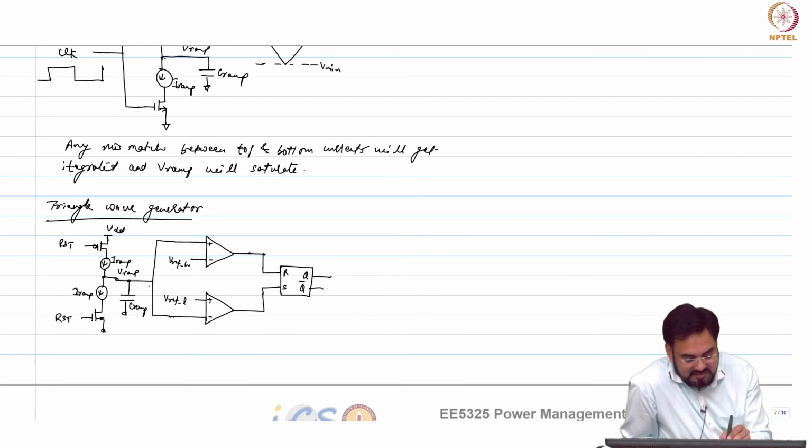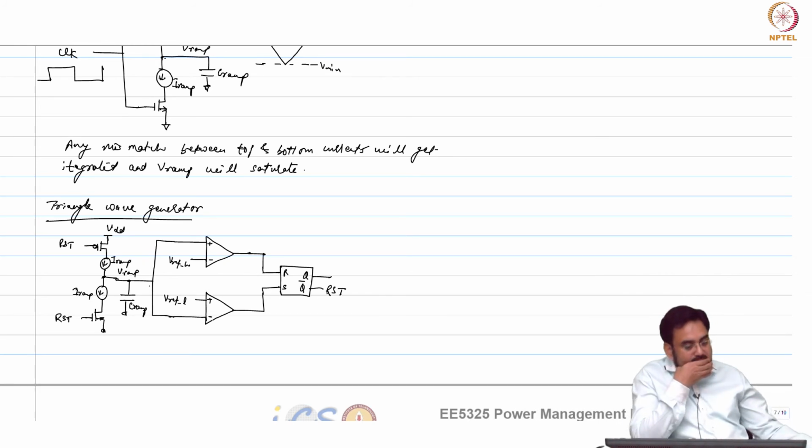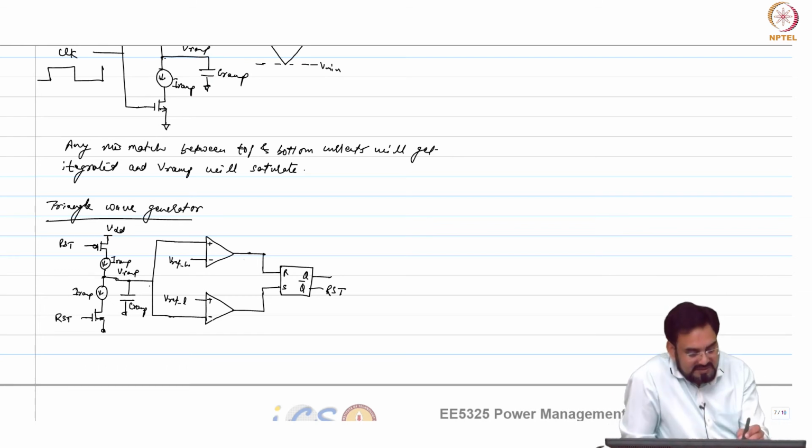So this will be your reset. Now apply the logic. Check both the sides, high and low. Then it will start discharging, the PMOS will turn off. So when this goes high, it will reset.